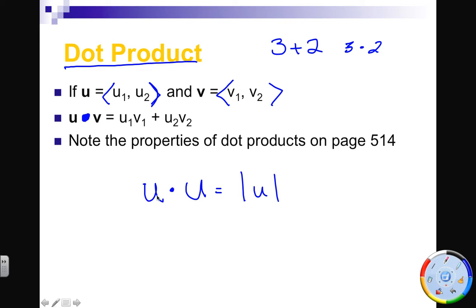So if I do the dot product of a vector with itself, I get its magnitude, which is kind of cool. So you notice you don't even have to do the distance formula. Or sorry, not magnitude, magnitude squared. I wrote that wrong. But you get the square of the magnitude, which you can then square root to find the actual magnitude.